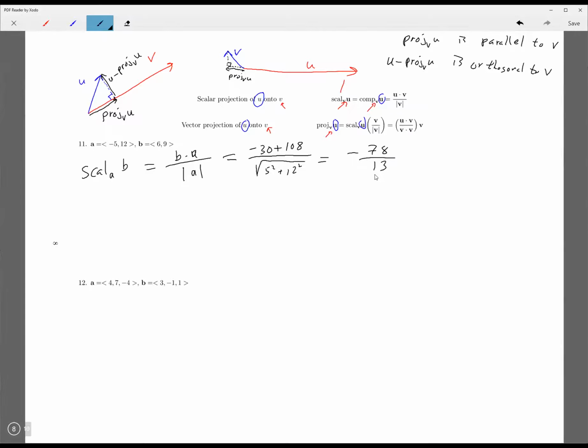That's 6. I can simplify that. Yeah, it says 6. Oh my goodness, I got it wrong on WebAssign, and I was wondering. Okay, so now we go for the vector projection. Oh, wait a minute.